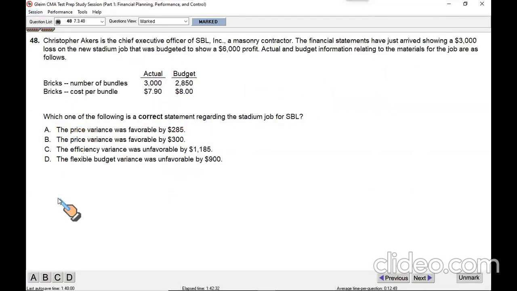Okay, now this is a good one again. And I think there should be 2 parts or just 1 part only. All right. This is a good one because there are many things to calculate here. Christopher Akers is the Chief Executive Officer of SBL Incorporated, a masonry contractor. The financial statements have just arrived showing a $3,000 loss on the new stadium job that was budgeted to show a $6,000 profit.